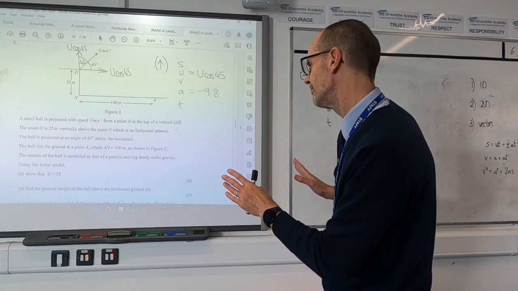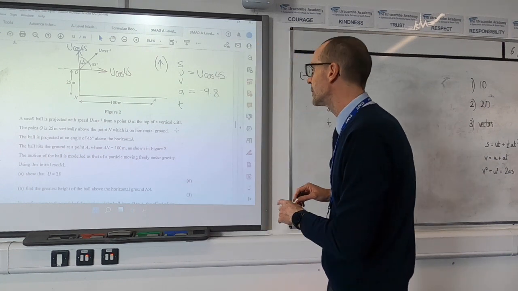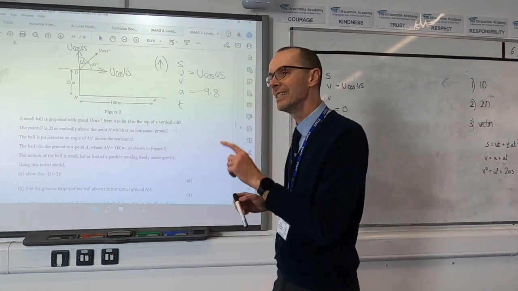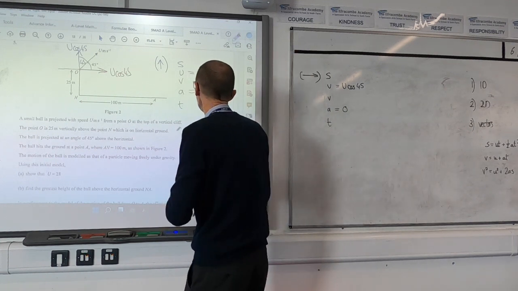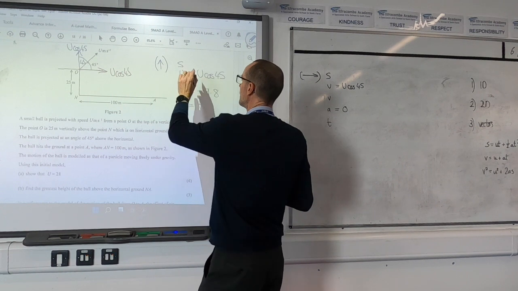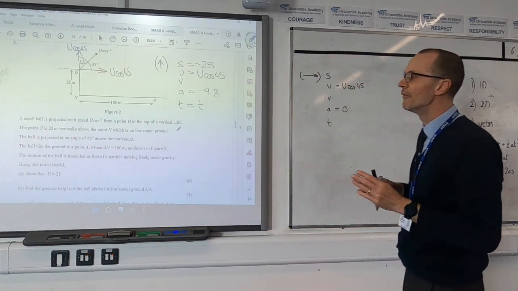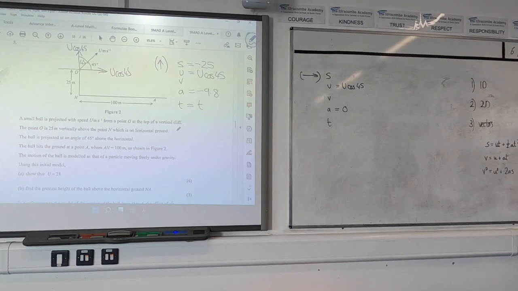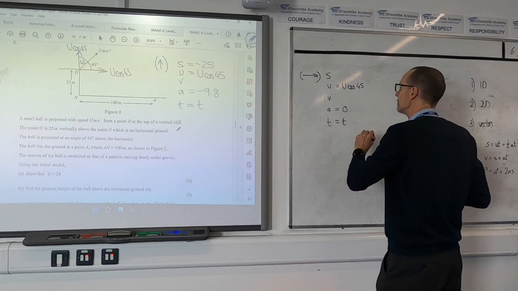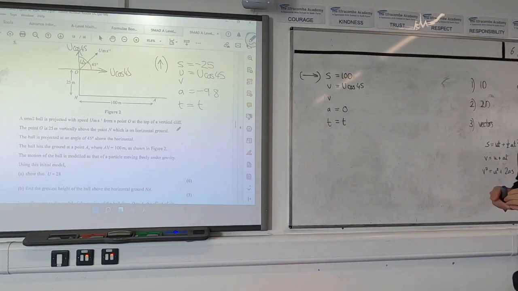No. After this time, let's call it t, it's moved 25 metres down. So let's say t equals t. It's moved 25 metres vertically, and at the same time, it's moved 100 metres horizontally.